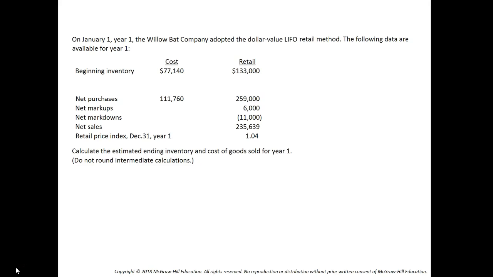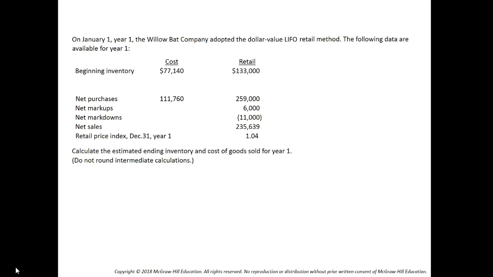Again, we have our beginning inventory at cost of $77,140, retail of $133,000, net purchases at cost $111,760, net purchases at retail $259, markups $6,000, markdowns $11,000, net sales $235,639, and our retail price index December 31st of year 1, 1.04.